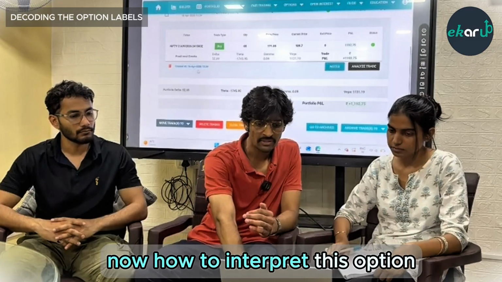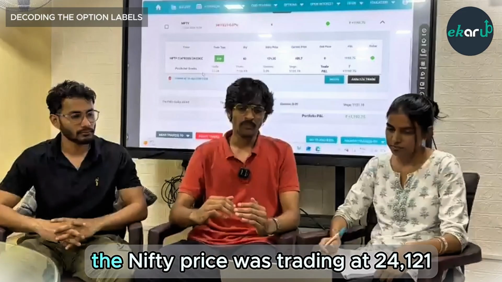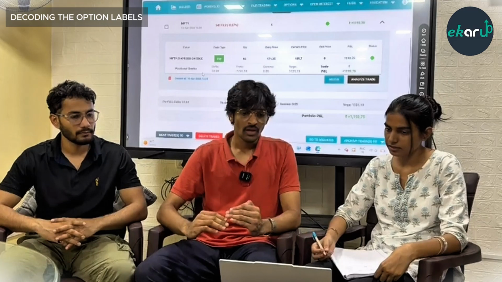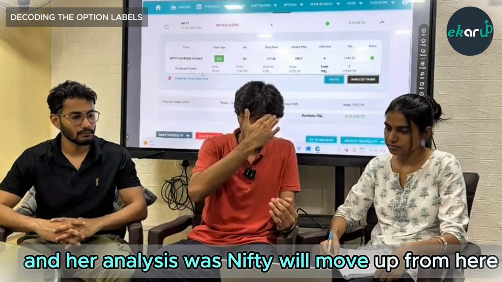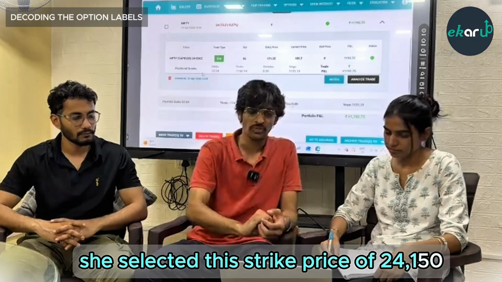Now, how to interpret this option? When we entered this trade, the Nifty price was trading at 24,121. And her analysis was Nifty will move up from here. She selected this strike price of 24,150.